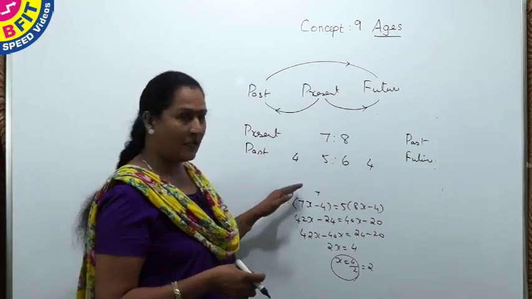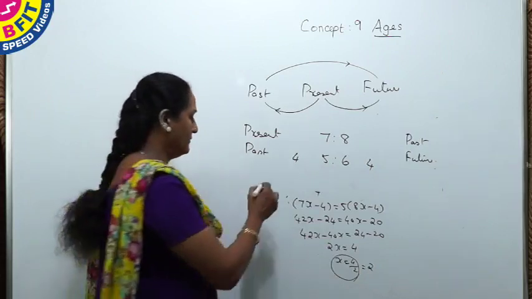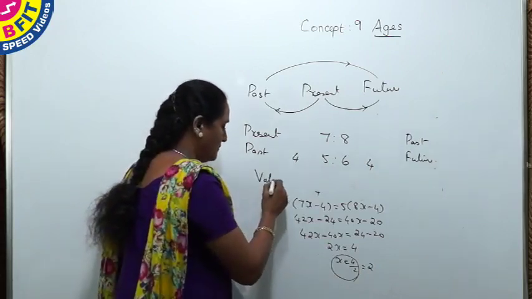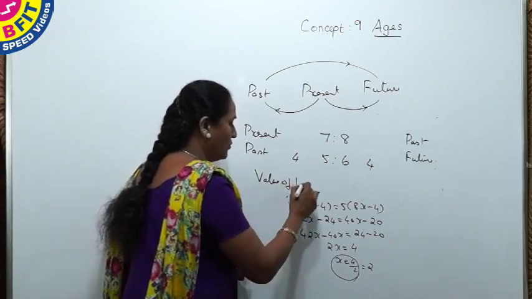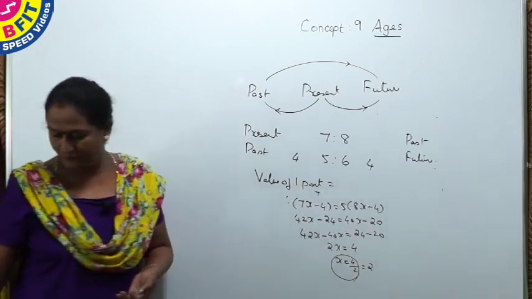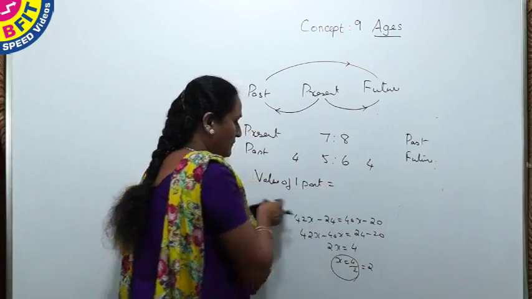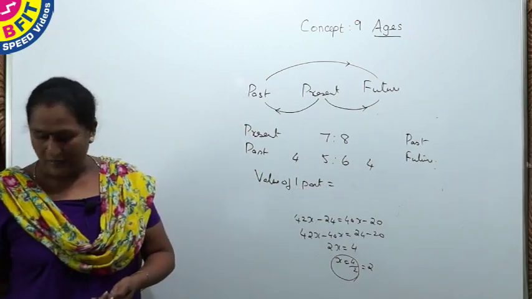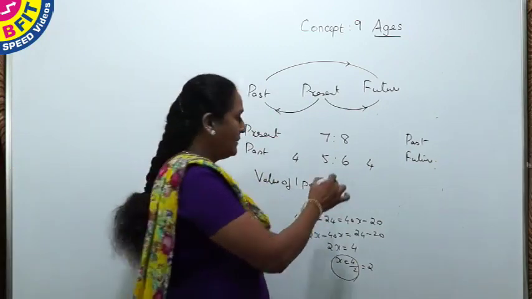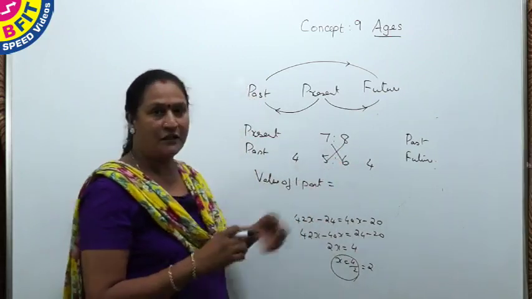So now we can avoid all this working by following a simple pattern. We need to find the value of one part. So whatever the ratios are, cross multiply and then subtract, and write it in the denominator.